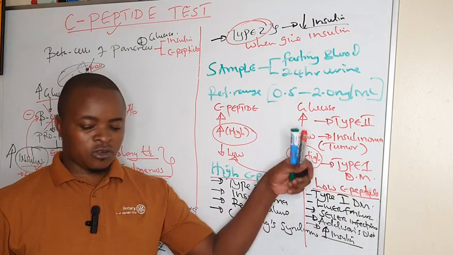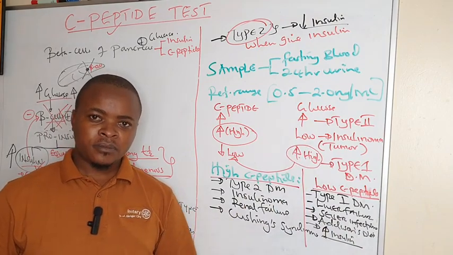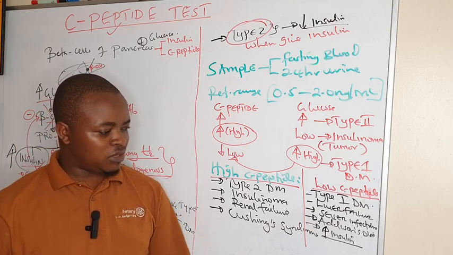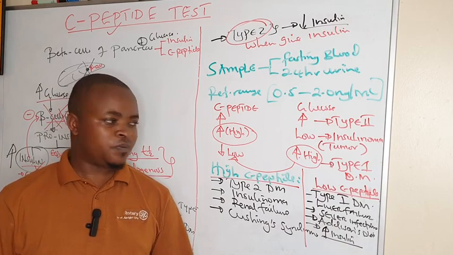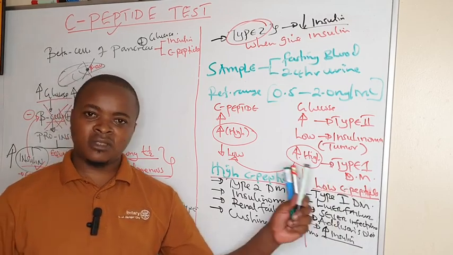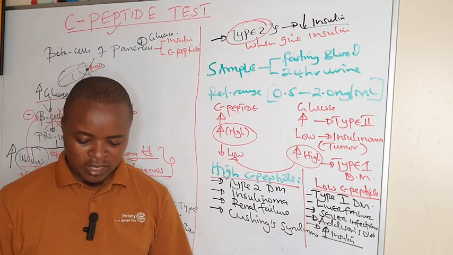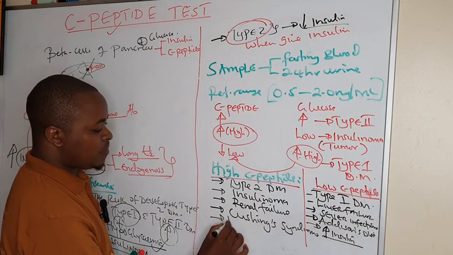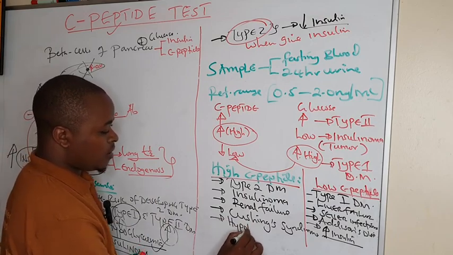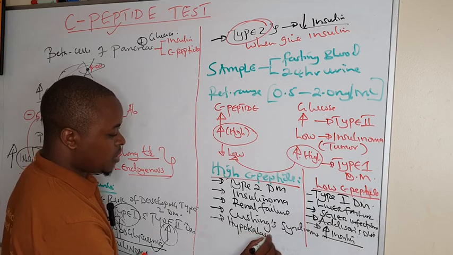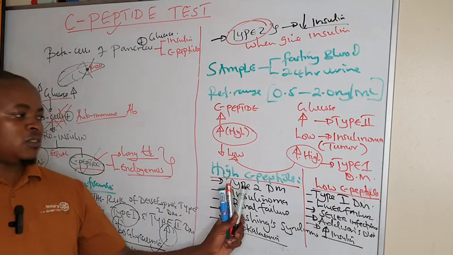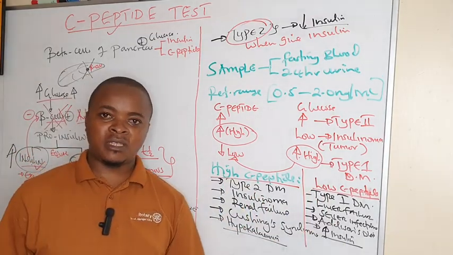It can lead to low production, because when there is increased treatment with this, it can lead to low insulin levels, which affects also the C-peptide levels. And even sometimes on high levels, we can see hypokalemia causing it, low levels of potassium in the body. So these are some of the causes of high C-peptide and low C-peptide levels.